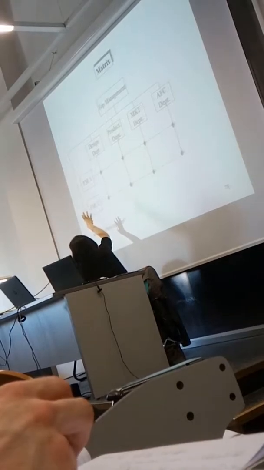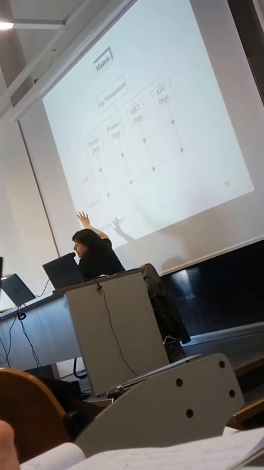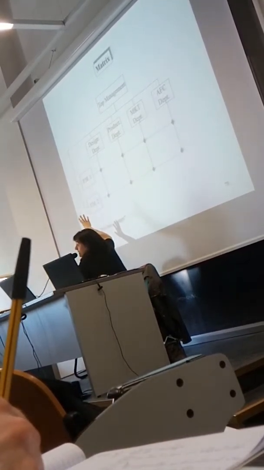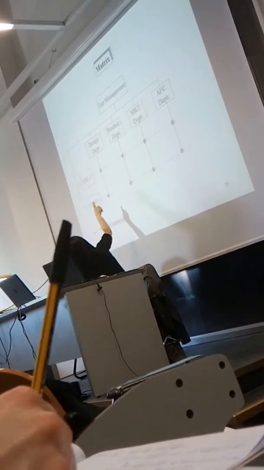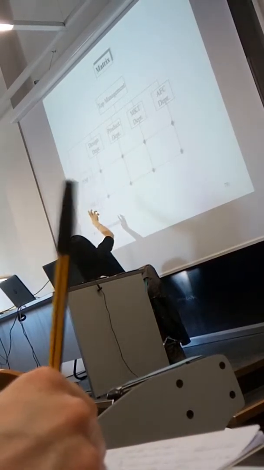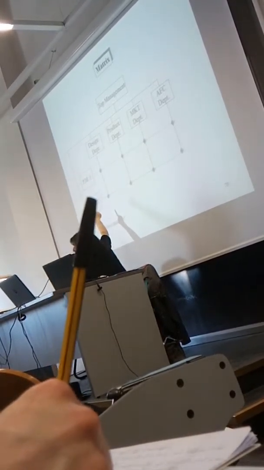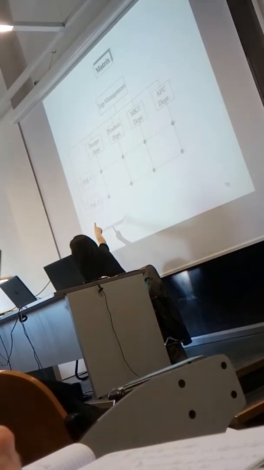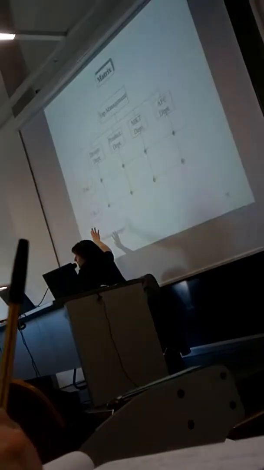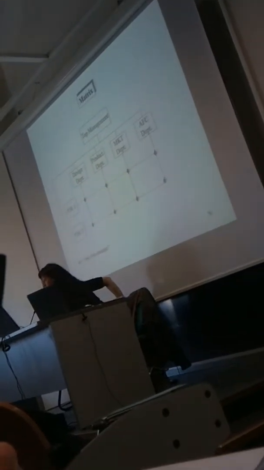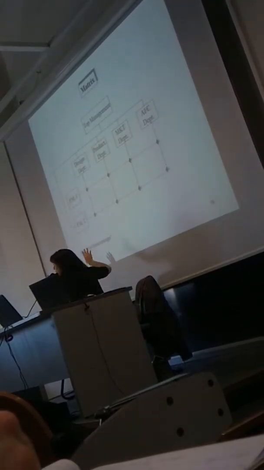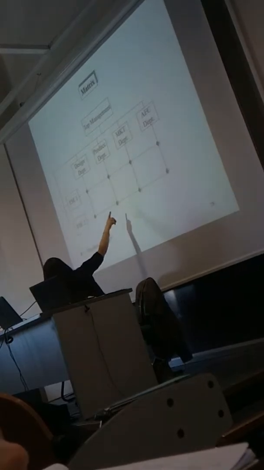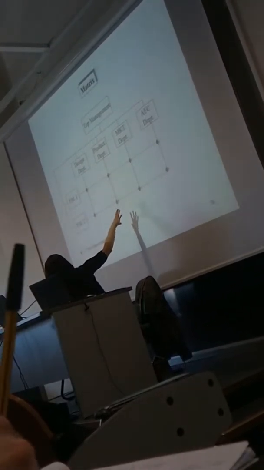So the main activity for project manager 1 is to coordinate the different responsible of the functional areas, trying to obtain the output that is project 1. Okay? The same for project manager 2: the main activities are the coordination of the different responsible of the functional areas.